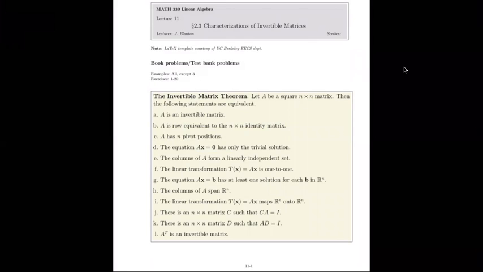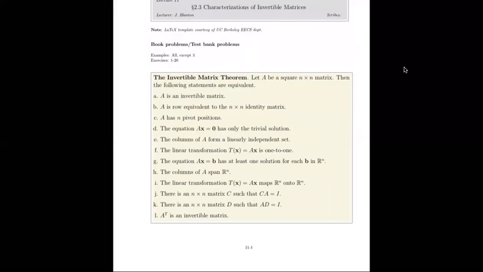And if it has only the trivial solution, now I'm tempted to go backwards, right? Then it's going to have linearly independent columns and so forth. We could see that all of these things intuitively, we expected them to be compiled together in a list like this, the actual proofs of which could be sought out in your own time.